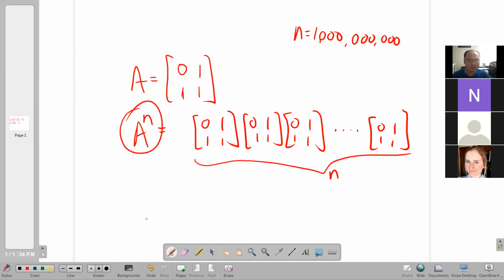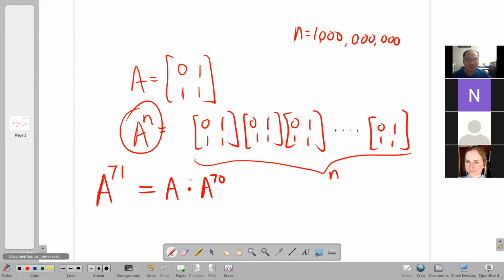I think I have told you this before. A to the, I don't know, doesn't really matter what it is, let's just make up a number, 71. The process is always the same. You look at the exponent, and if the exponent is odd, then you say A times A to the 70. That's not very exciting, everybody can do that.